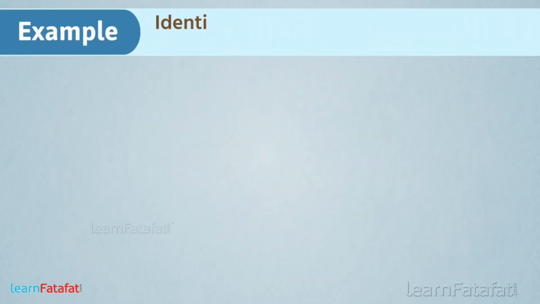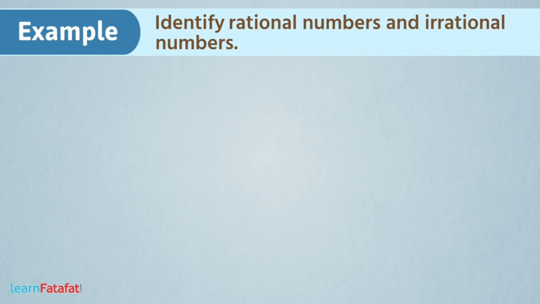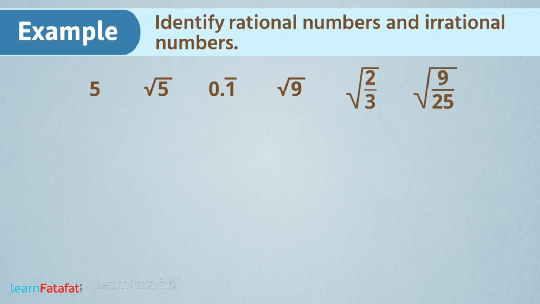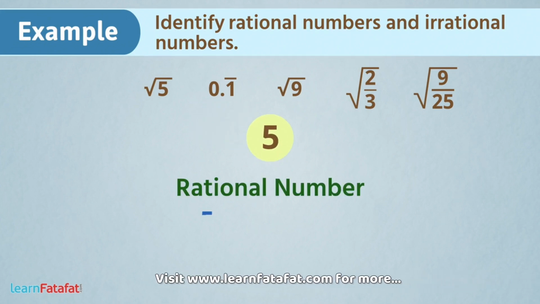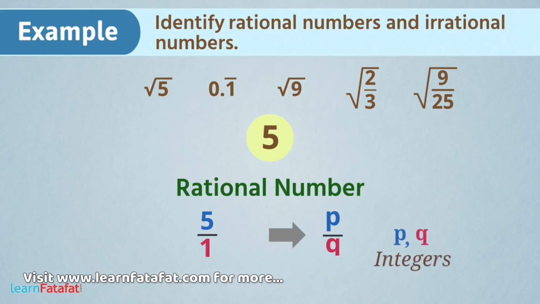Example: identify which of the following are rational numbers and irrational numbers. 5, root 5, 0.1 repeating, root 9, root 2 by 3, root 9 by 25. 5 is rational as we can express it as 5 by 1, which is p by q form, and the denominator is not 0.